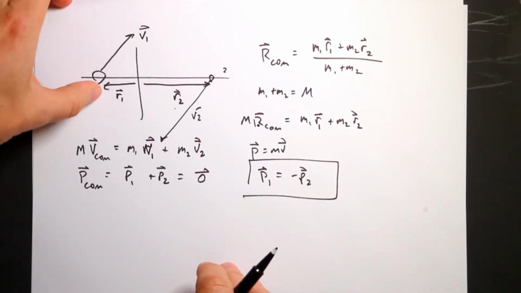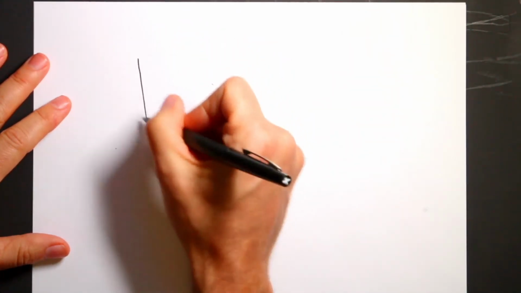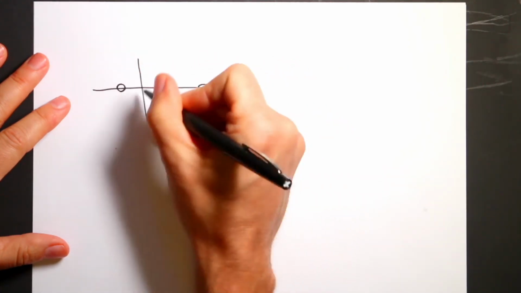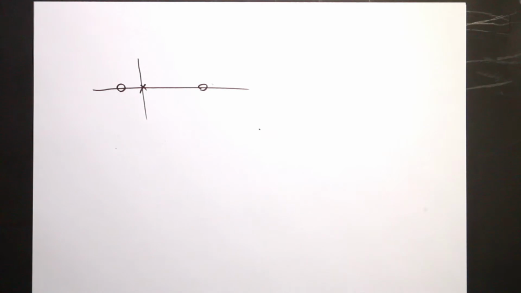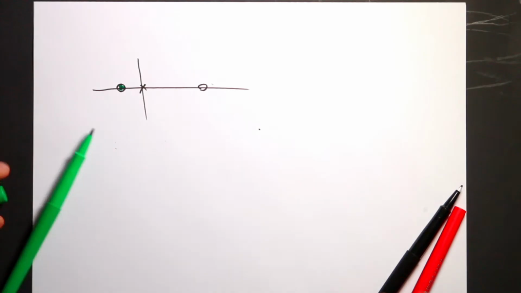Now for the circular orbits. I'm going to redraw my binary star again. Let's draw it a little bit smaller, and there's my center of mass. Let's call this a green one and let's call this the red one.